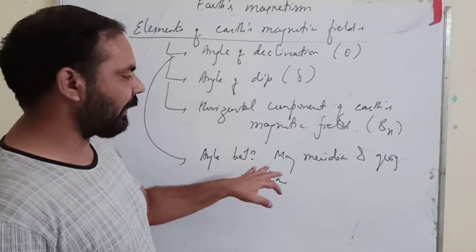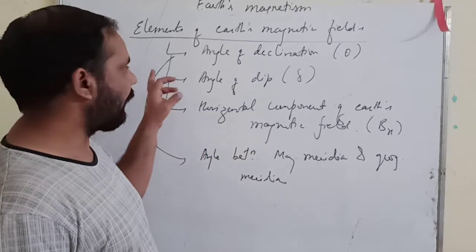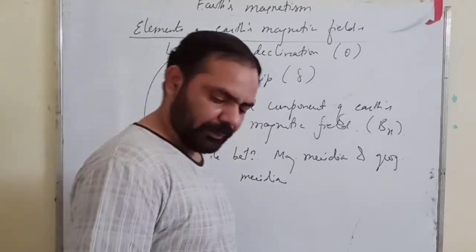The angle between the magnetic meridian and the geographical meridian at a particular place is the angle of declination, right?